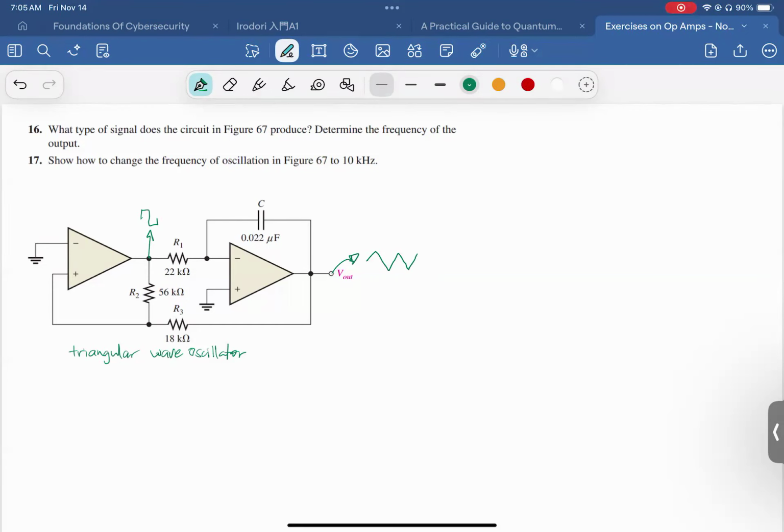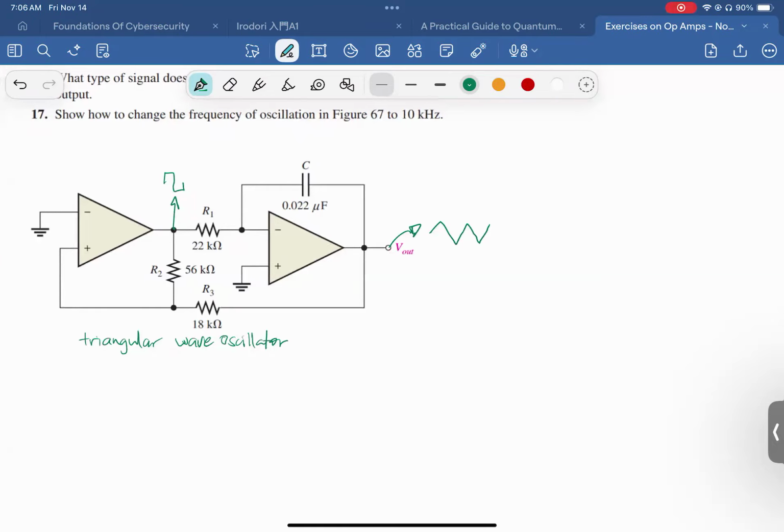So, anong equations na ginagamit natin dito? So, dun sa notes, first of all, makukuha natin yung frequency of oscillation from this equation gamit itong R1, R2 at R3.